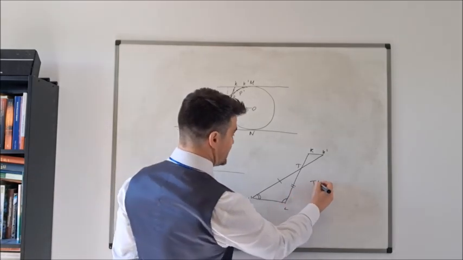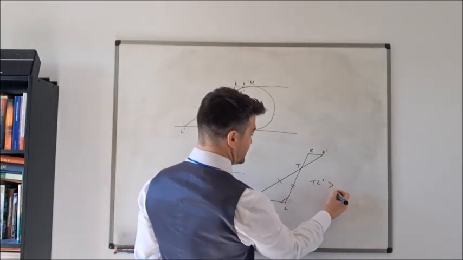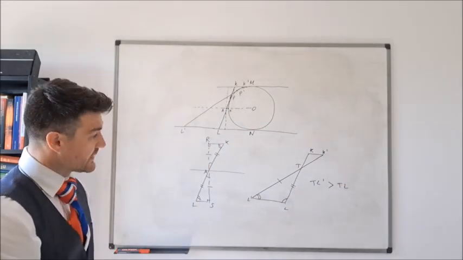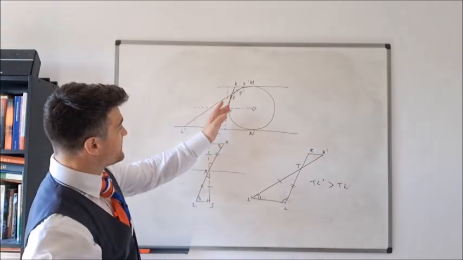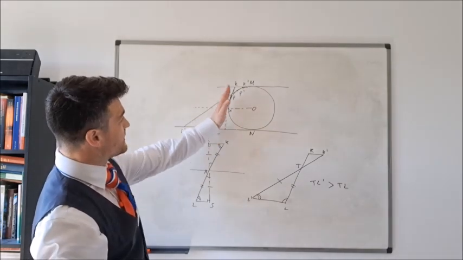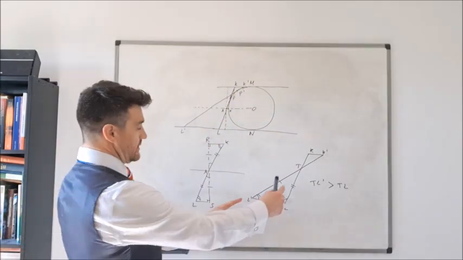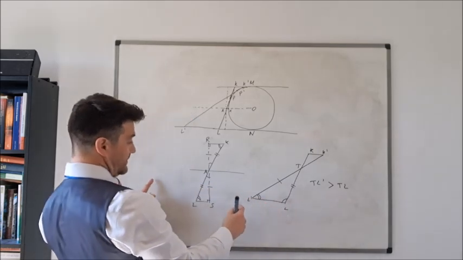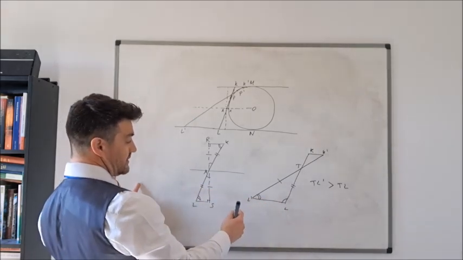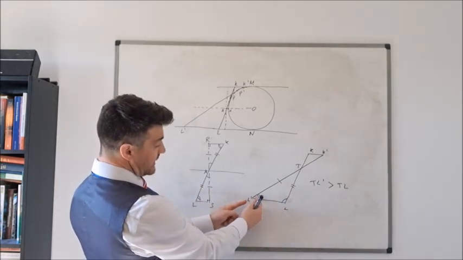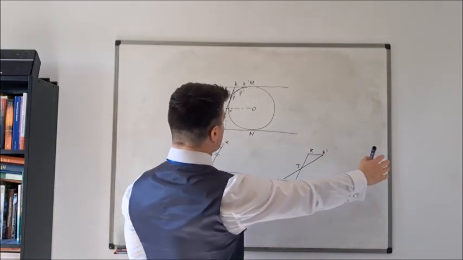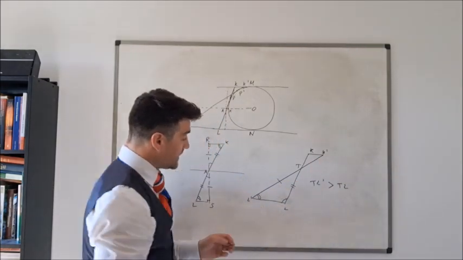So in other words, TL primed will be greater in length than TL. So we can see as P moves around further and further towards M, L primed will get further and further over here, and the angle here will get smaller and smaller, and this will move further over here, for example.